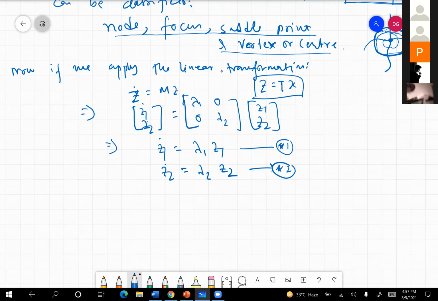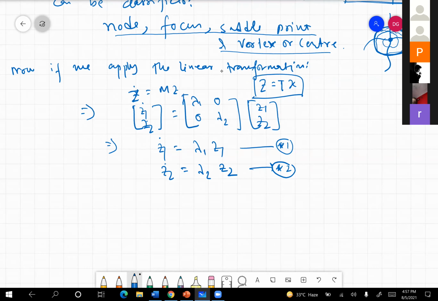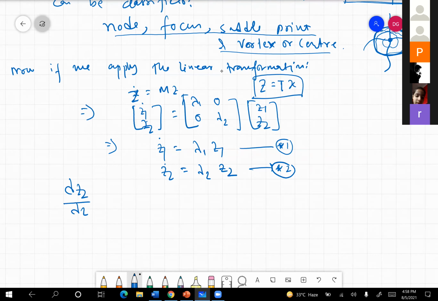Now, if I find the slope from these two systems, I can write dz2 by dz1 equal to lambda 2 z2 over lambda 1 z1. From this I can write dz2 by z2 equal to lambda 2 by lambda 1 times dz1 by z1.